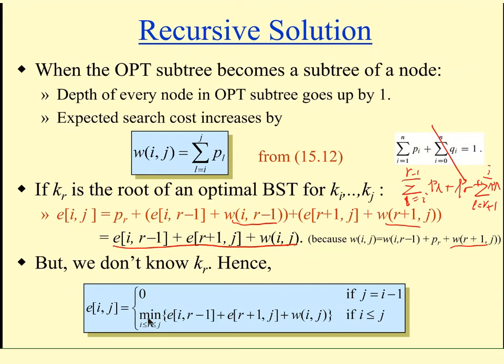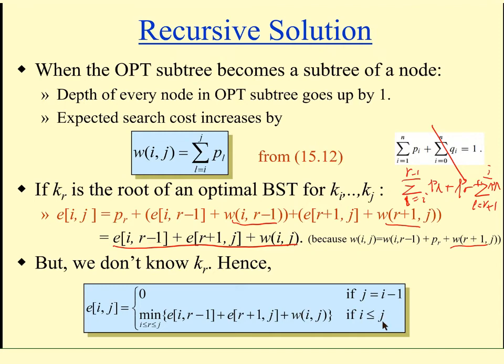How to get that one? So this will be the solution. r can be any key from i to j, and if we decide r, then e_ij will be this one. So we find the minimum one, as long as i is less or equal to j.